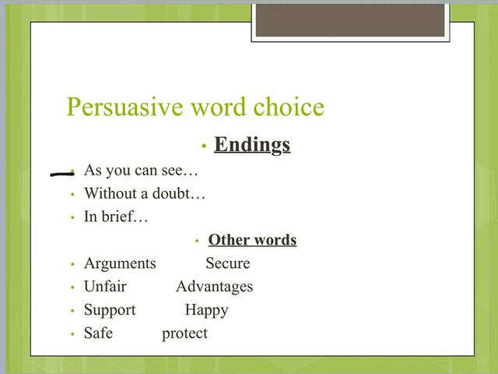All right, so in the endings, you can use "as you can see," or "without a doubt," or "in brief." And by the way, the meaning of doubt is when you feel uncertain or not sure or suspicious about something. I'm not sure whether I can do this task or not.